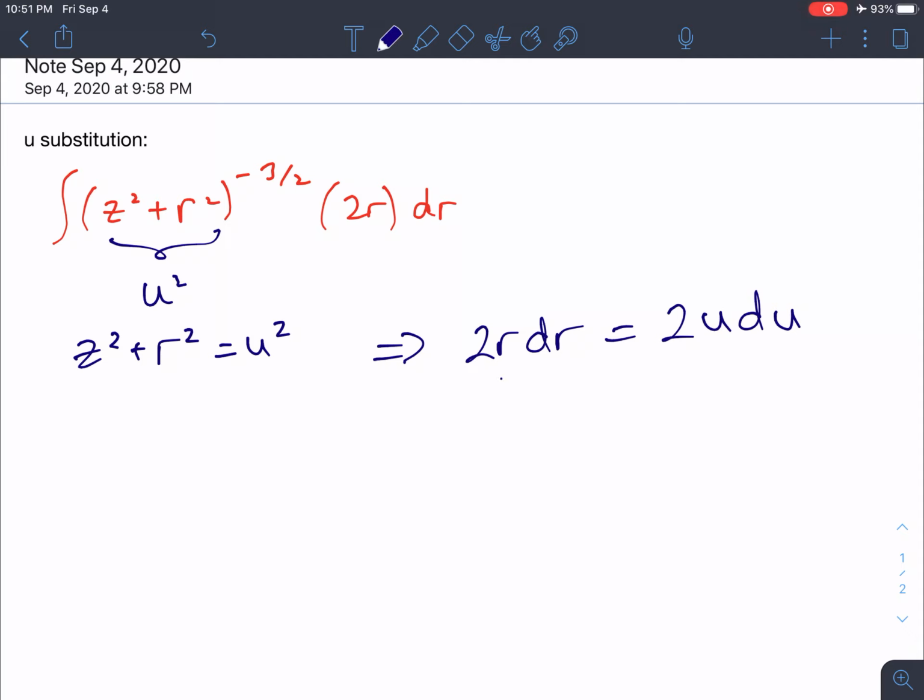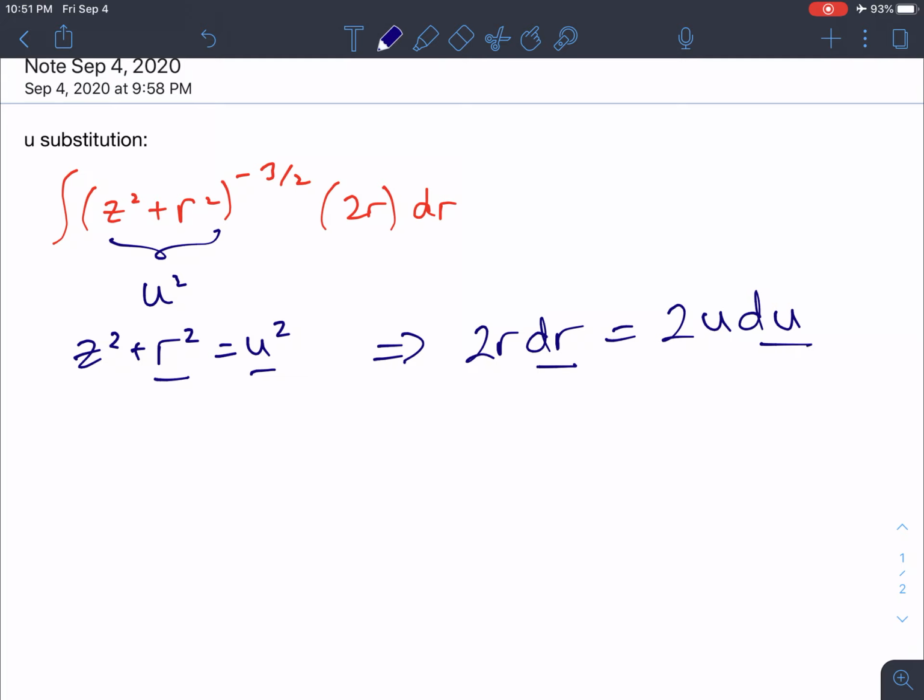So here we don't have a z term because z is constant, and when you take the derivative of z, it goes away. Again, I took the derivative of r on the left side and the derivative of u on the right side, and we get those differentials on each side.